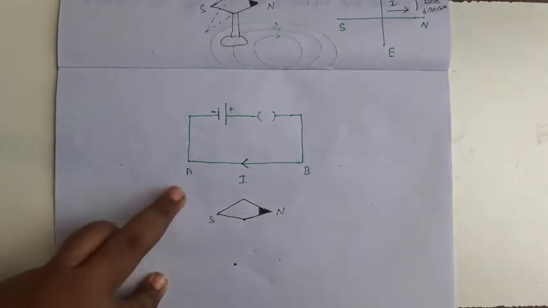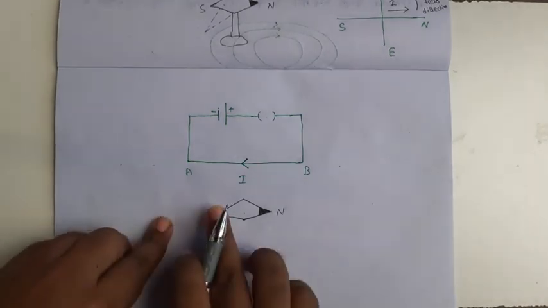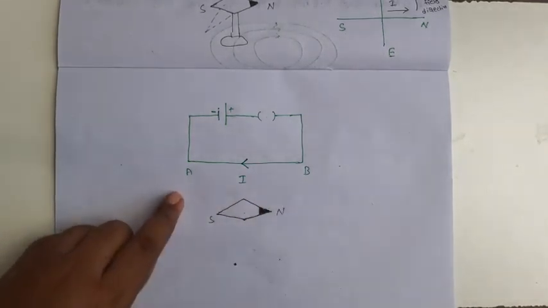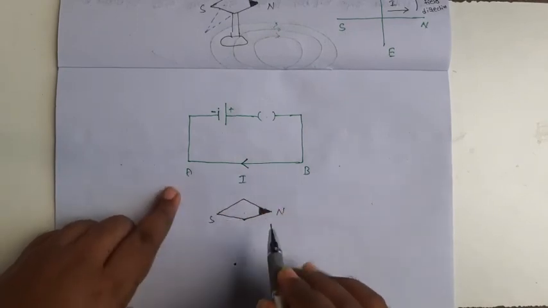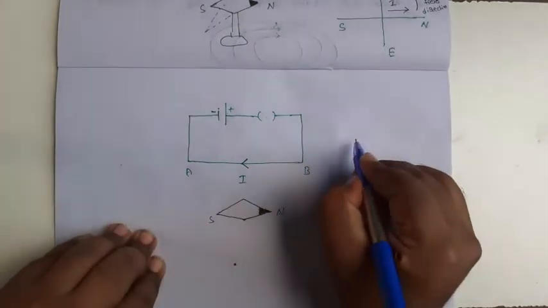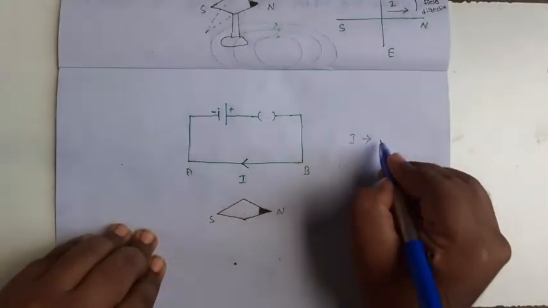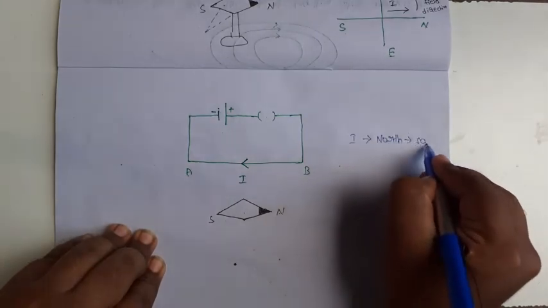Now compare the electric wire with respect to the magnetic needle. What is the direction of the electric current? Electric current flows from B to A, so north to south. Current I flows from north to south direction.